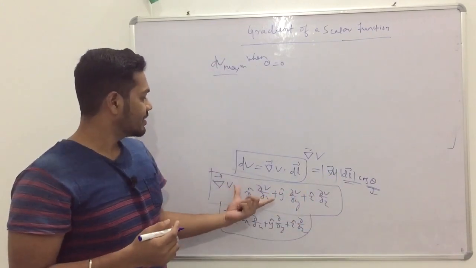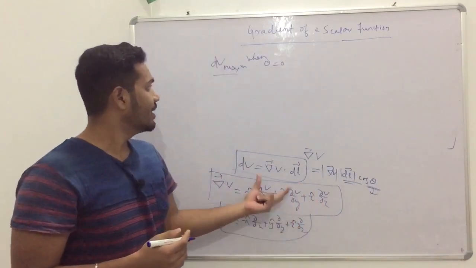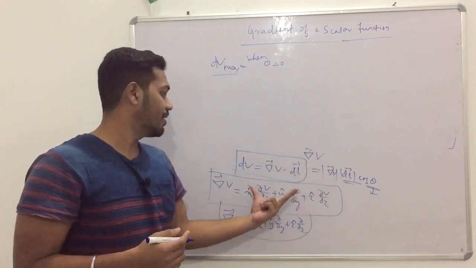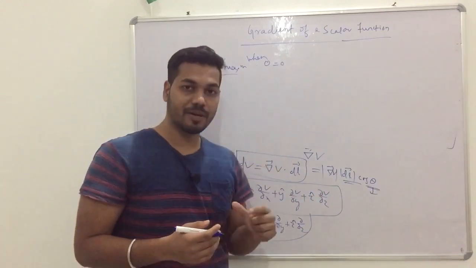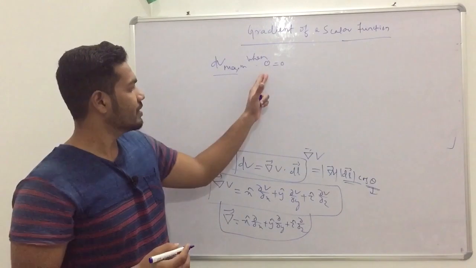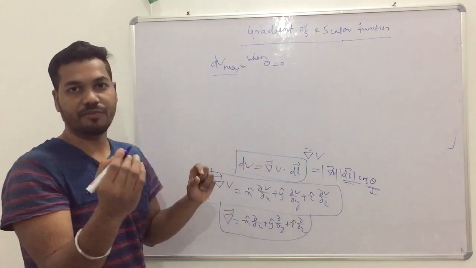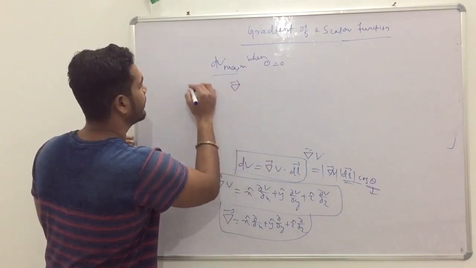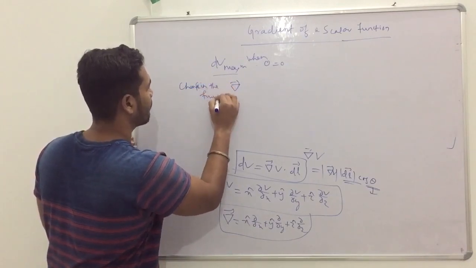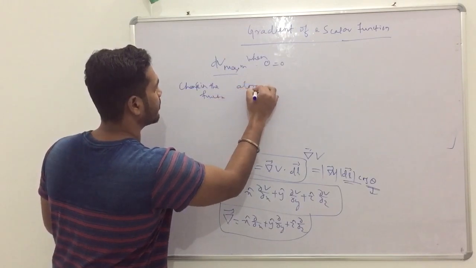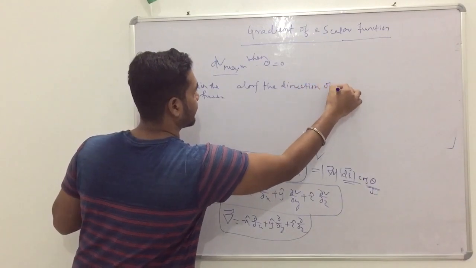Obviously here you can see that the gradient of a scalar function is a vector quantity. Okay, you start with a scalar, and when you take the gradient of the scalar function, you get a vector quantity. So this is important. So dv is maximum when the change in the function is along the direction of grad v.